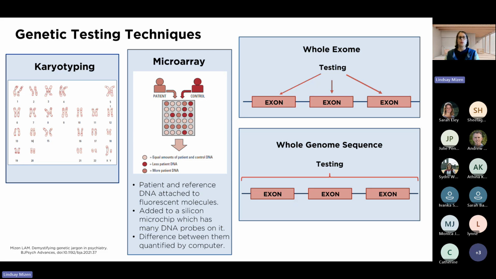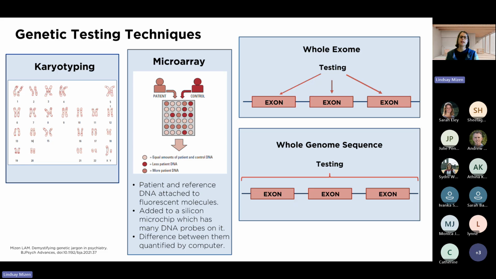If you want to put it crudely, normal DNA, not that any DNA is normal in the sense that everybody's different, but this is in terms of looking for particular genetic conditions. In this microarray, you have DNA from the patient and the reference sample that attach to fluorescent molecules, molecules that will light up.